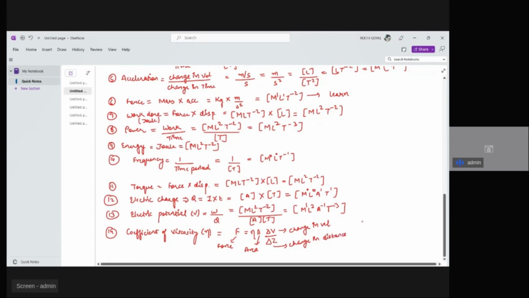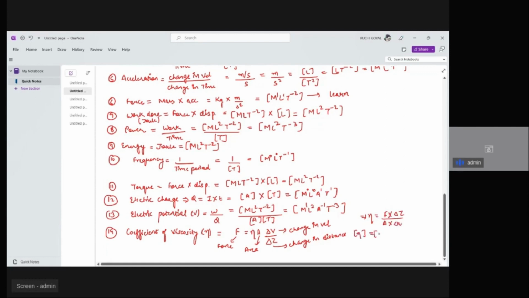So we can write eta is equal to F into del Z divided by A into del V. So we can write the dimension formula, dimension of eta.